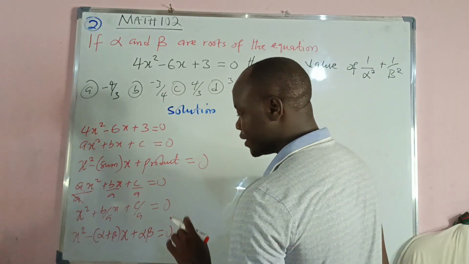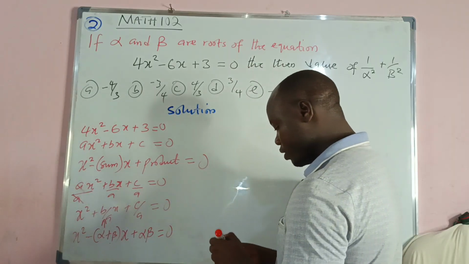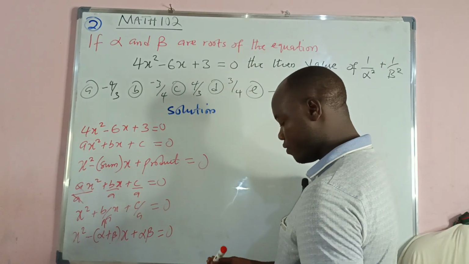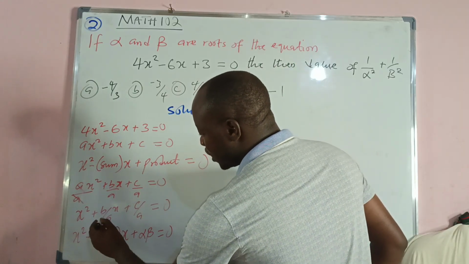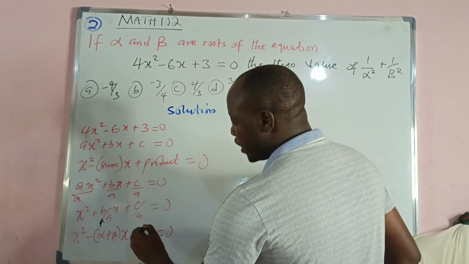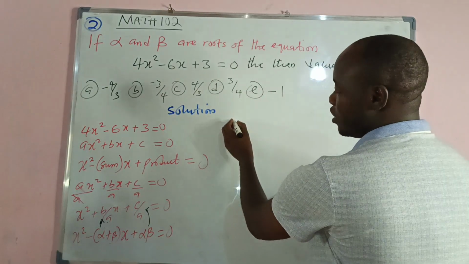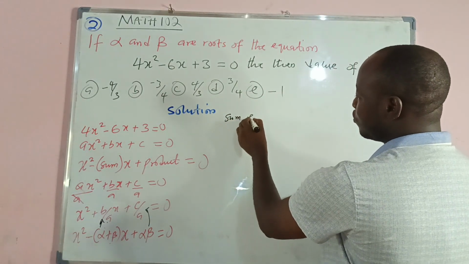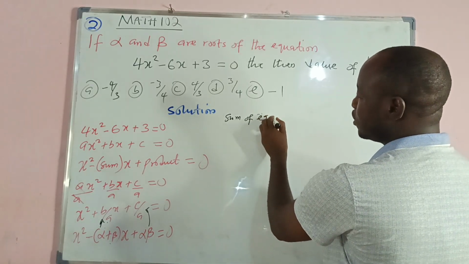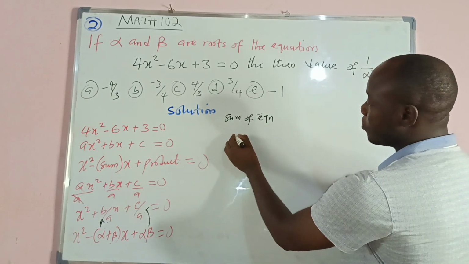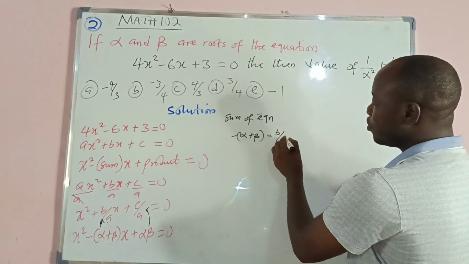From here, we can see that minus (alpha plus beta) is b over a. Look at it very well because it is very, very important. Minus (alpha plus beta) is b over a, and alpha times beta is c over a.